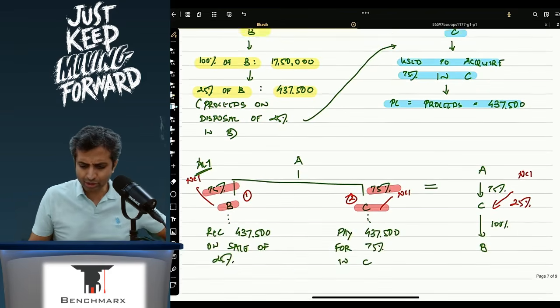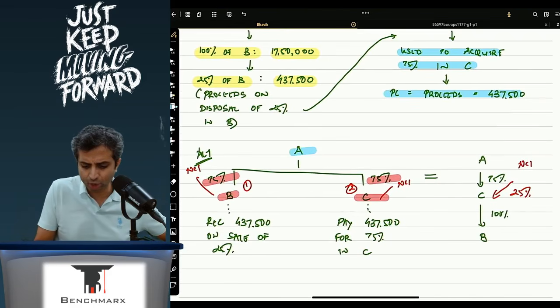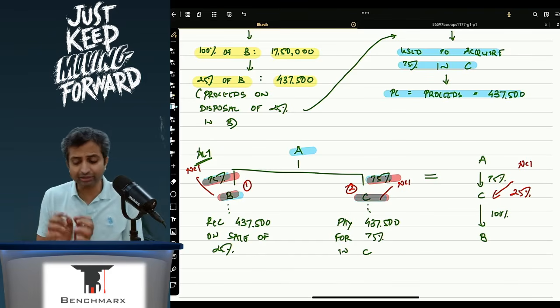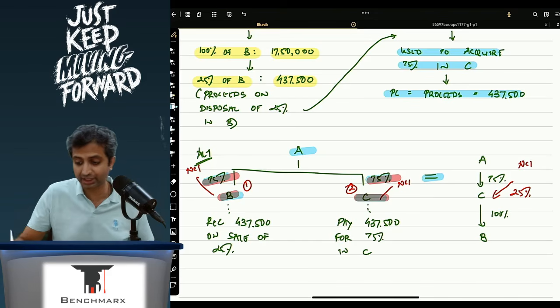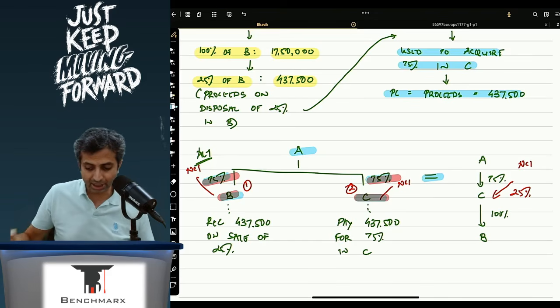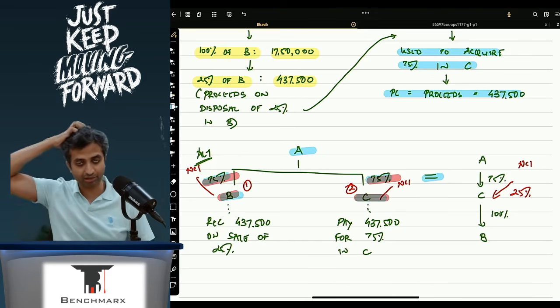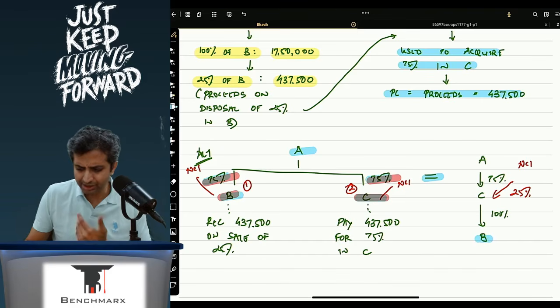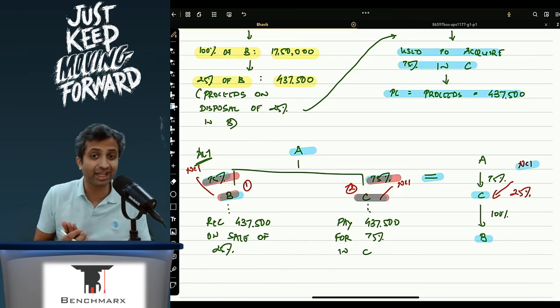Okay, so this structure, that is A acquiring 75% in B, 25% is with the NCI, A having 75% in C. Alternatively, this is the same. I put an equal to sign as A having 75% in C and C having 100% in B. I'll again repeat. Over here, B's net assets 100% go to C, but if C were to distribute it, 25% of them will go to the NCI.